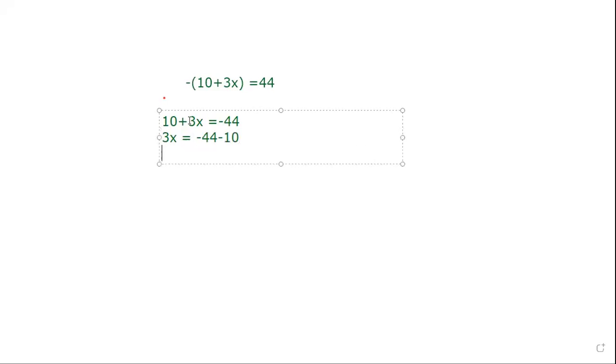Quickly, who will tell me the answer? -54. The last step, we divide by 3. Then x equals -54 divided by 3, which is -18.